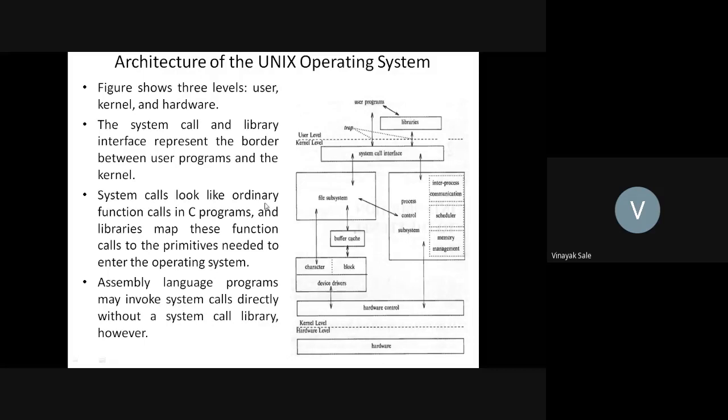The system calls look like ordinary function calls in a C program, and libraries map these function calls to the primitives needed to enter the operating system. Assembly language programs may invoke system calls directly without a system call library, however.